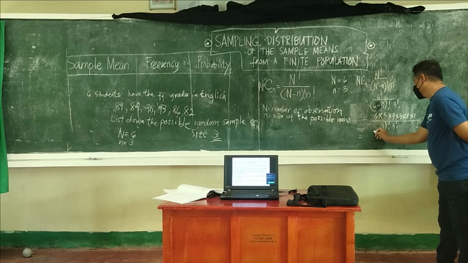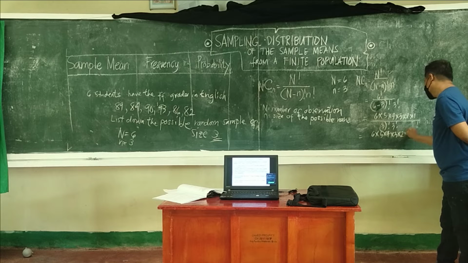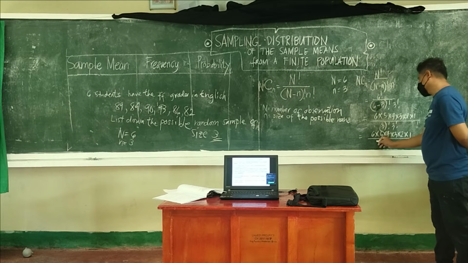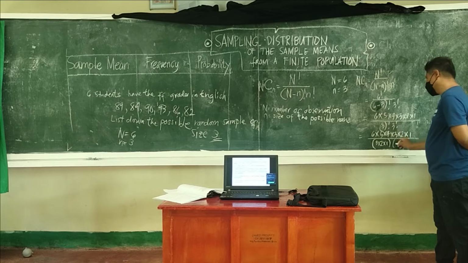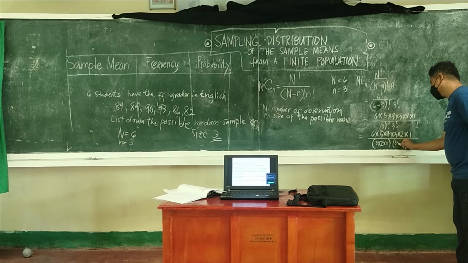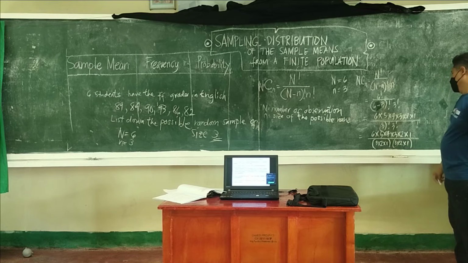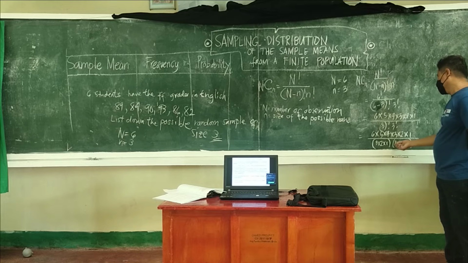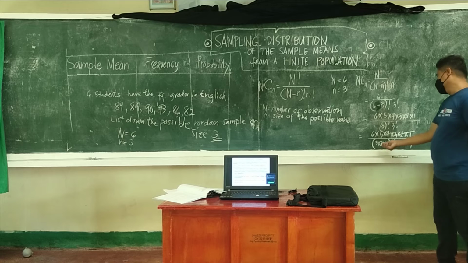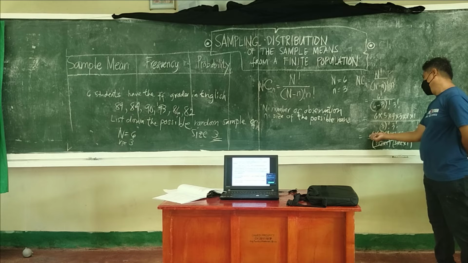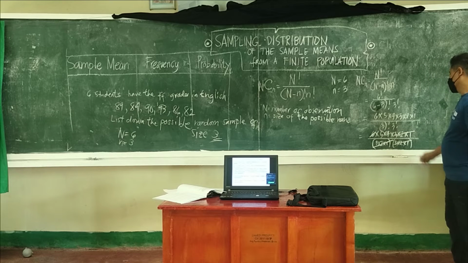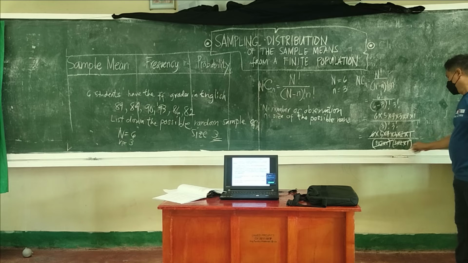Copy that one: 6 times 5 times 4 times 3 times 2 times 1 over 3 factorial, that is 3 times 2 times 1, and another 3 factorial, 3 times 2 times 1. We are going to divide using the cancellation method. We cancel this one and this one. And we know that 3 times 2 is 6 times 1 is 6, so we can cancel out this one and this one also. So the answer now is 5 times 4, and that is 20.